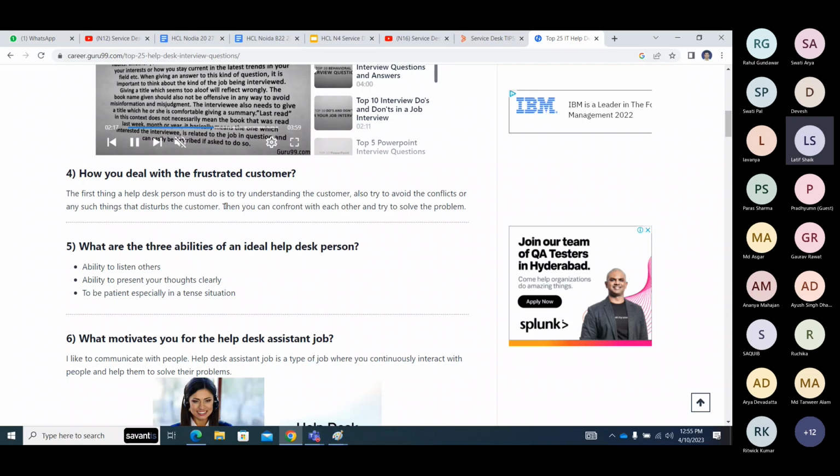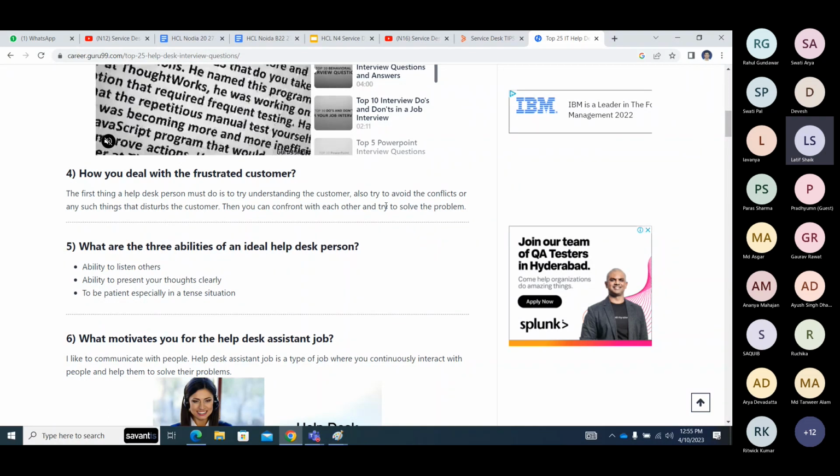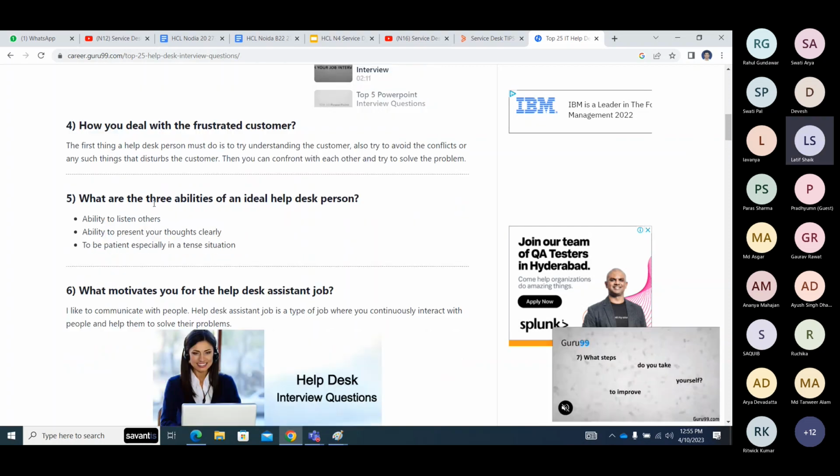Concentrate on the original problem. They can comfort each other and try to solve it, so find the common ground to solve the problem. And do not shout at the customers.